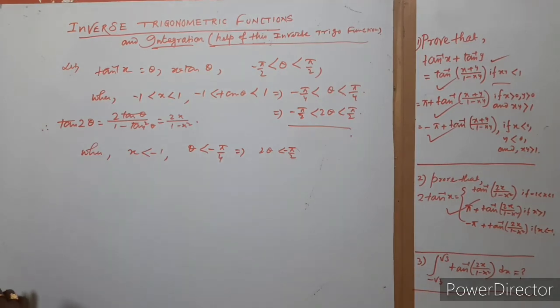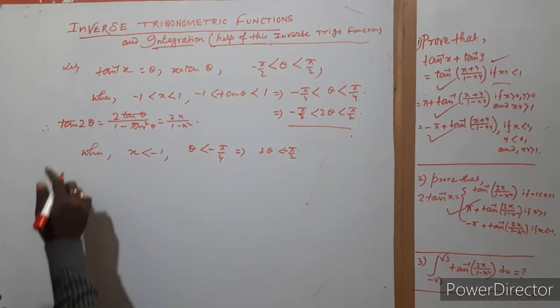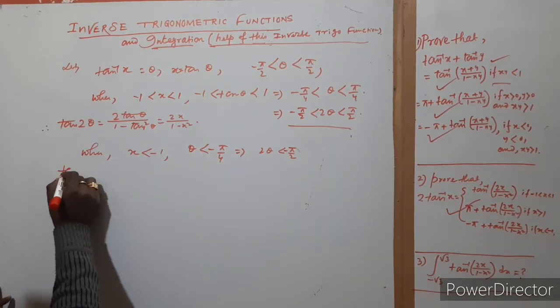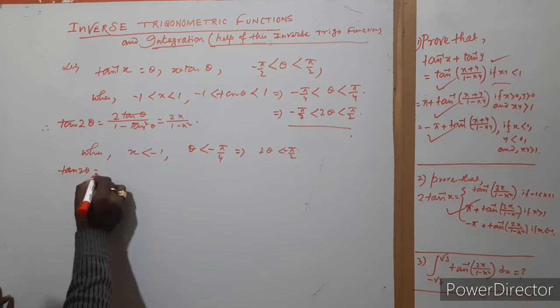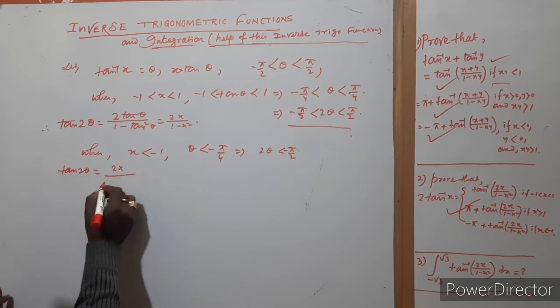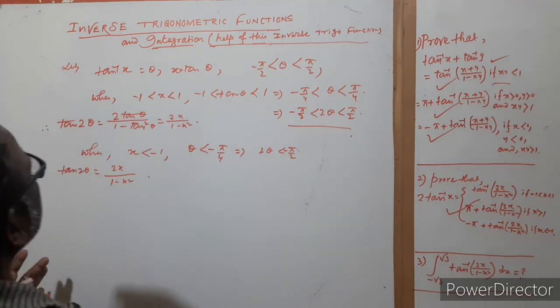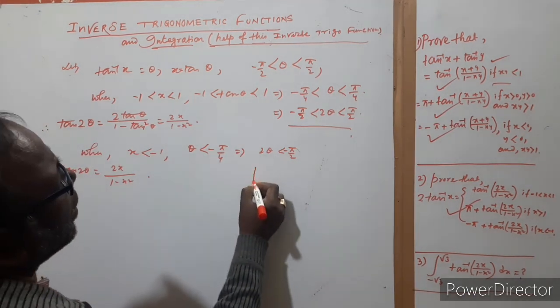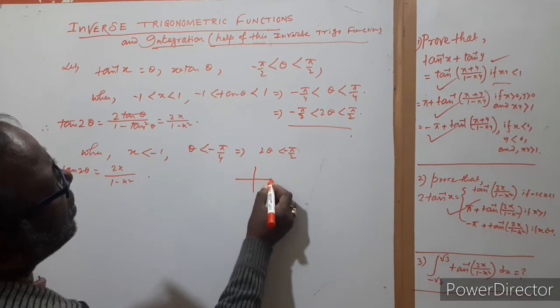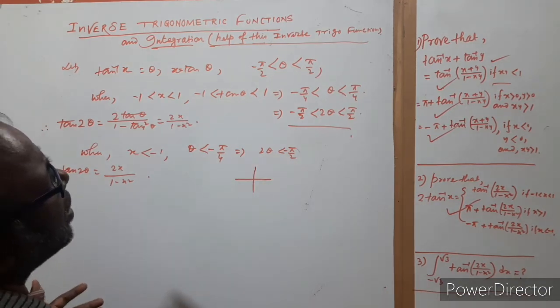Now see here, tan 2 theta is equal to 2x by 1 minus x square. Okay, so now see, this is less than minus pi by 2.